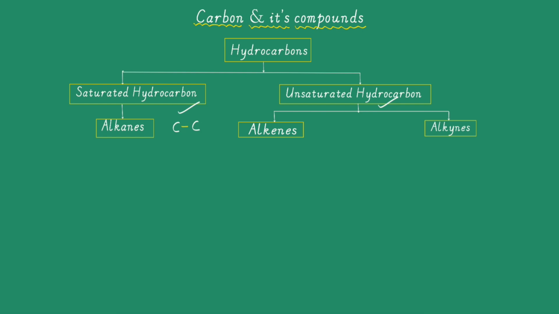Again in that, if there is a double bond between carbon and carbon, we call them alkenes. Similarly, if a triple bond is present between carbon and carbon, we call them alkynes.